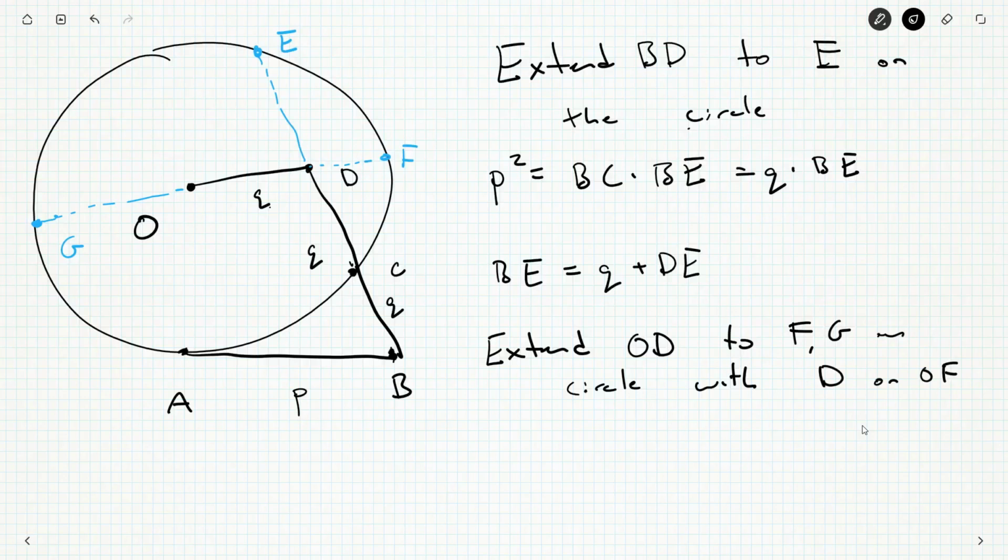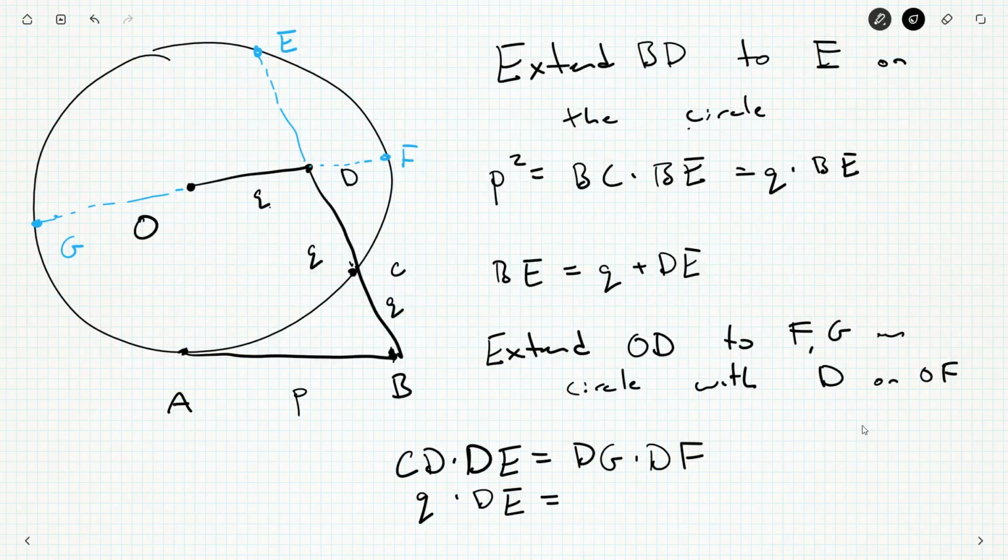Then CD times DE is the same as DG times DF. And that's Q times the thing I don't understand. And then what are these? DG is Q plus OG, and O is the center, and so OG, OF are radii.